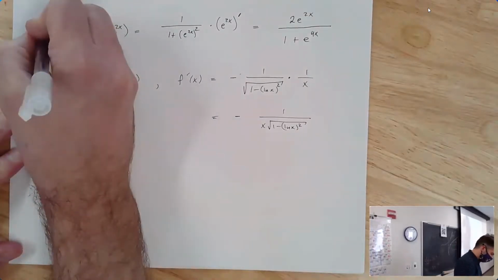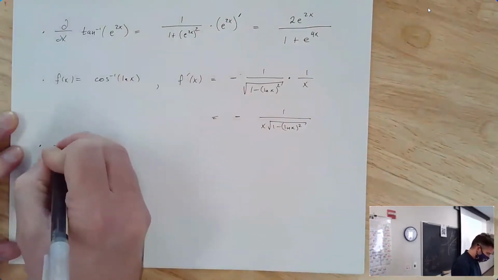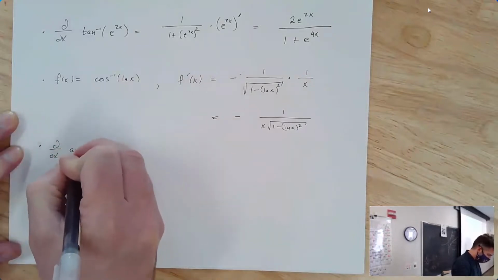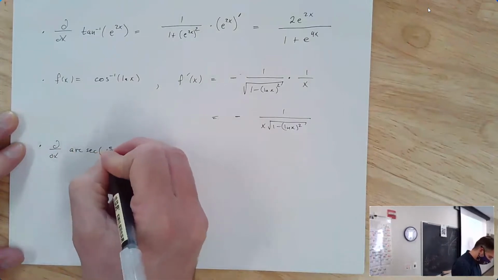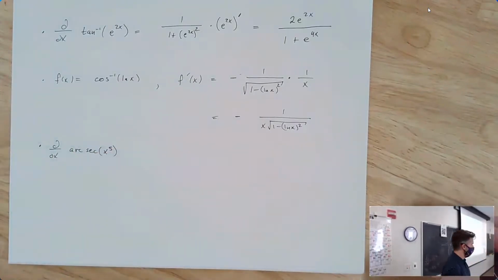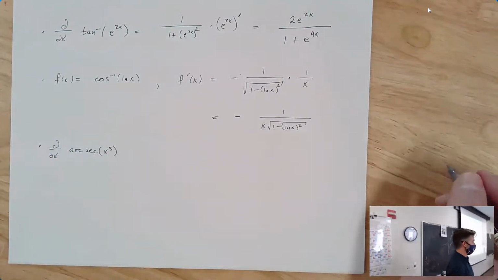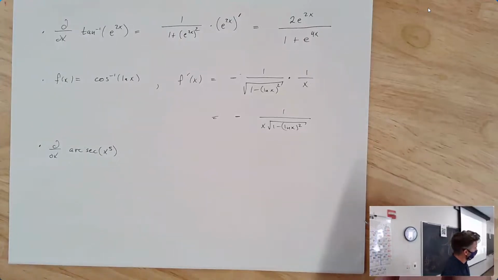Let's do a couple more. Do the derivative of the arc secant of x to the 5th. The derivative of arcsecant, or inverse secant, is 1 over x times the square root of x squared minus 1.